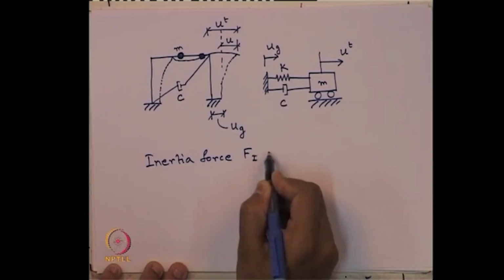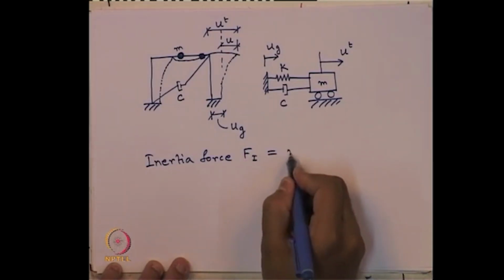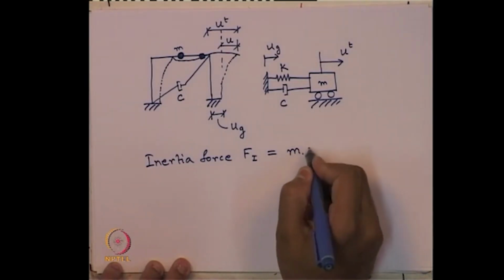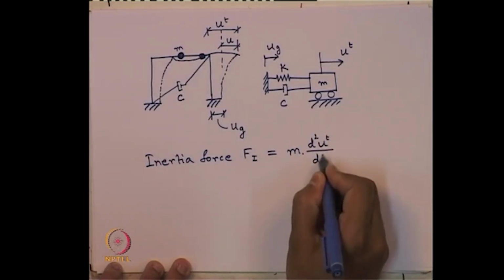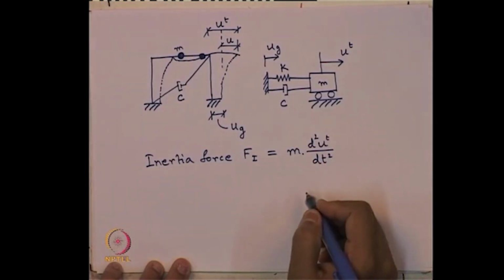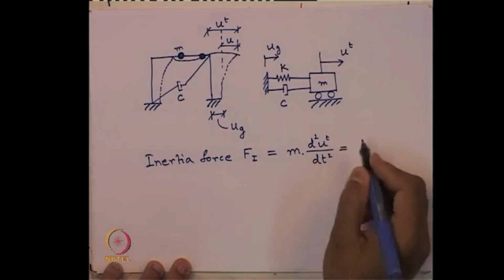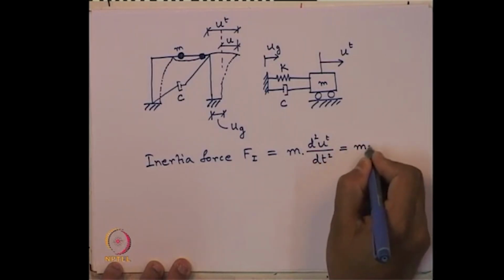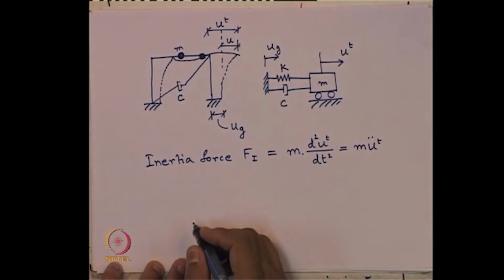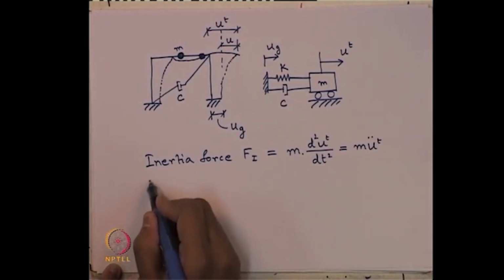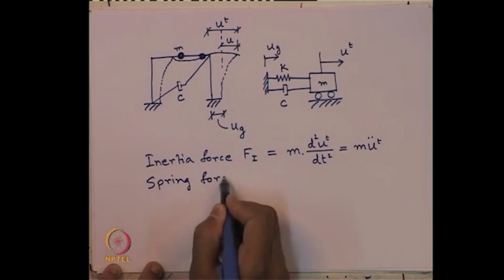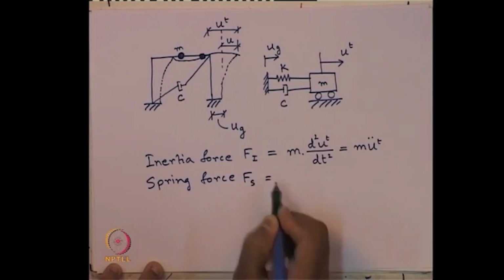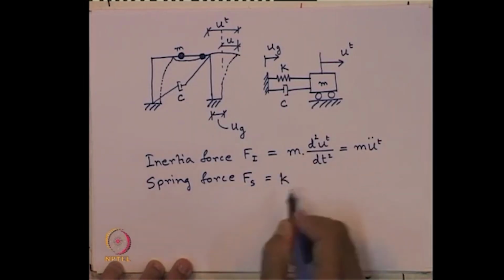So, the inertia force F I in this case is mass times acceleration, so mass times d 2 u t by d t square, which we can write as mass times u t double dot. Now, what is the spring force? Spring force F s is nothing but K times the relative displacement.